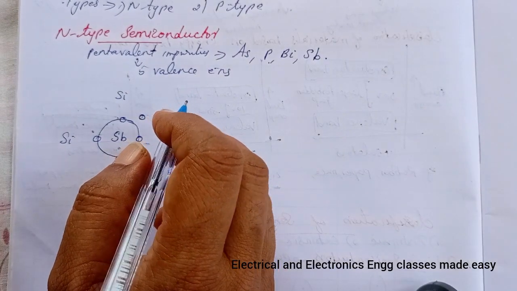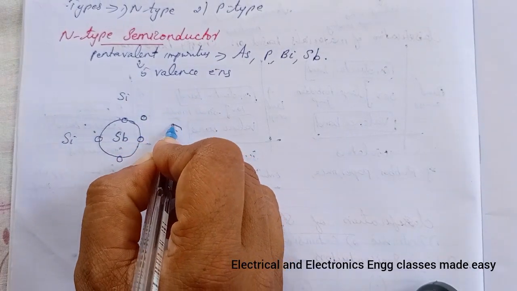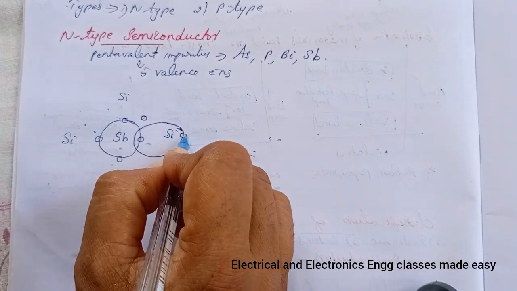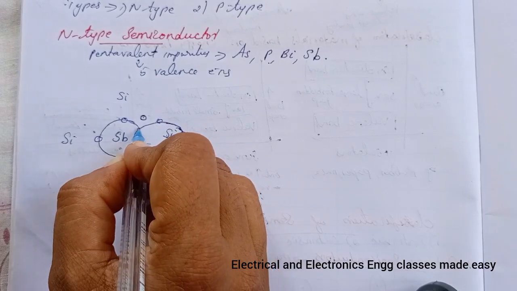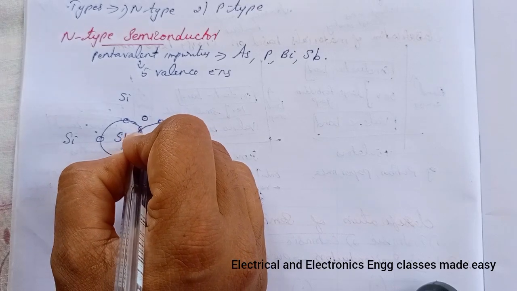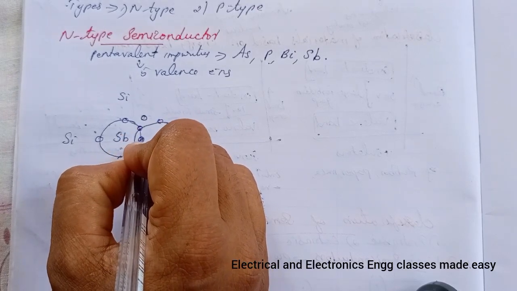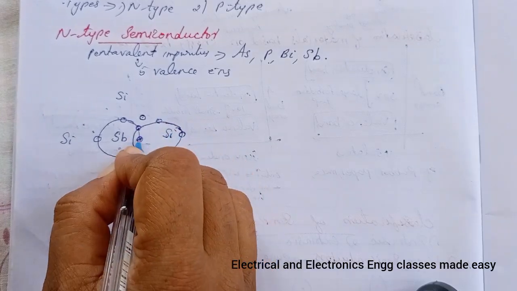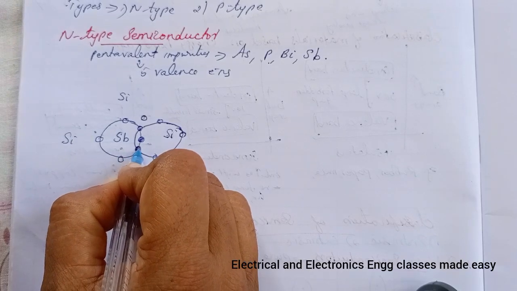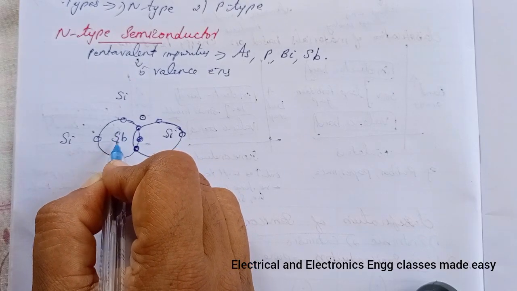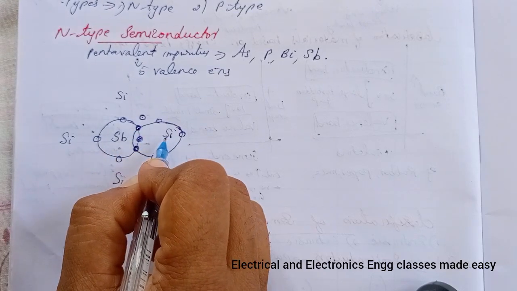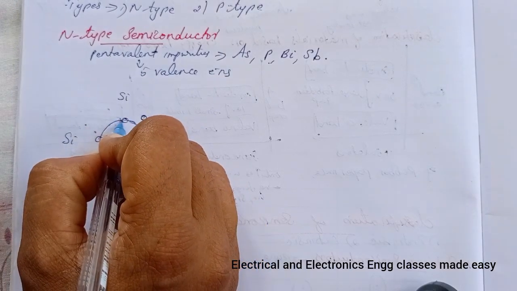Silicon has 4 valence electrons. This is the electron in the outermost shell of antimony and this is the electron in the outermost shell of silicon.